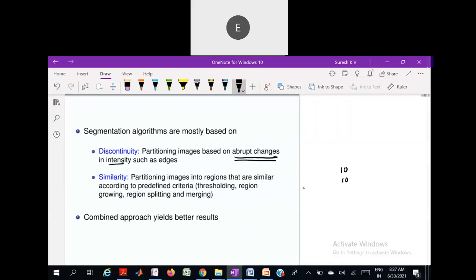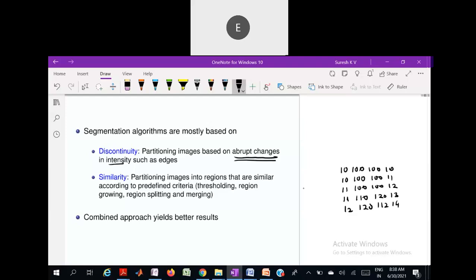Say in some part of the image, if the gray level values are like this, are you able to see whatever I am writing? Yes. Okay. So if I have this type of image, assume that I have captured it.